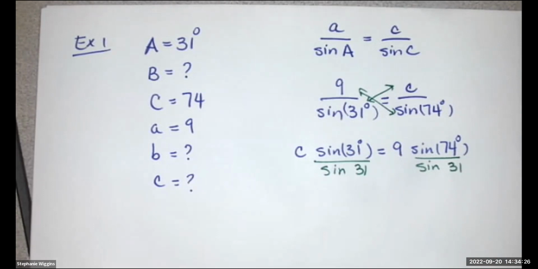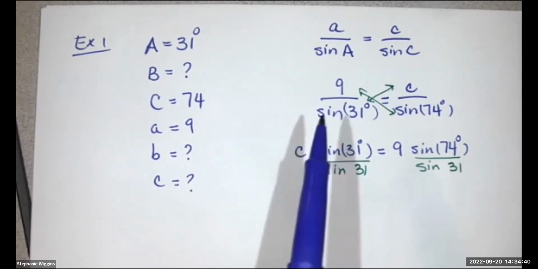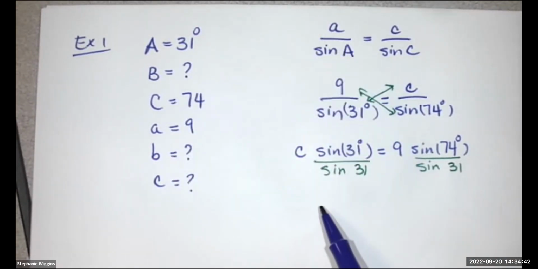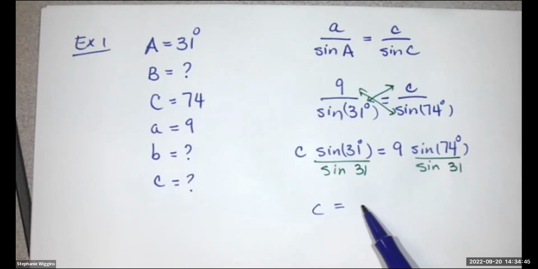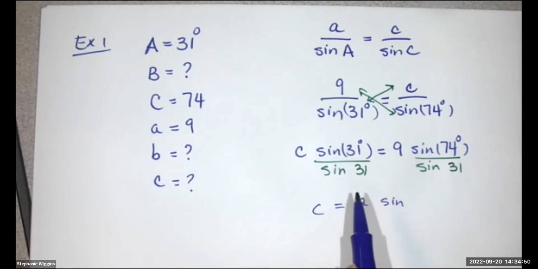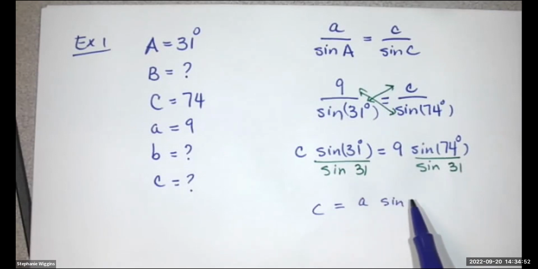Sometimes what I do, for whatever reason, this particular homework set is pretty long. But you're pretty much doing the same thing. So what I would do is I would just write out the variables. So I would write something like c equals little a sine of c over sine of a.